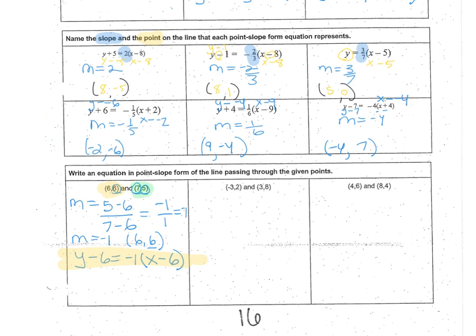If I decided to use this point, 7, 5, I would have y minus 5 equals negative 1 times x minus 7. Remember that point-slope form displays the slope and the point that is given to us. So if we are given multiple points, we have multiple point-slope forms. If you want to pause the video, you can, and then come back on and check your answers for the final 2.